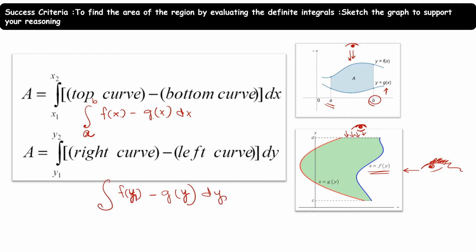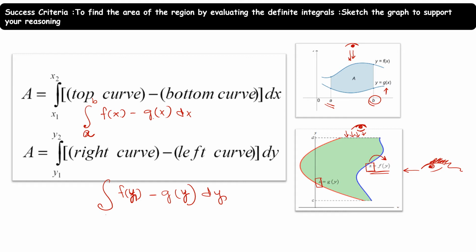And remember that whenever you take right minus left, the equation must be written in the form of x equals something, x equals a function of y. It means x is the dependent variable and y is the independent variable. Since you are taking y, you will write dy, and of course you will take the y values as your upper and lower limits.